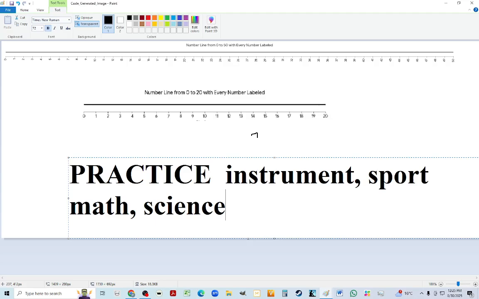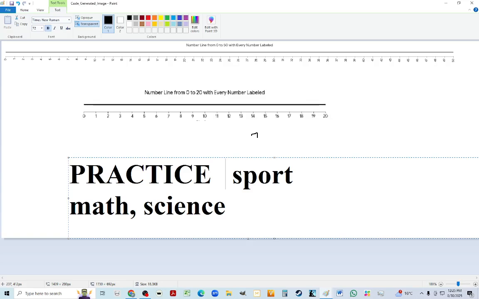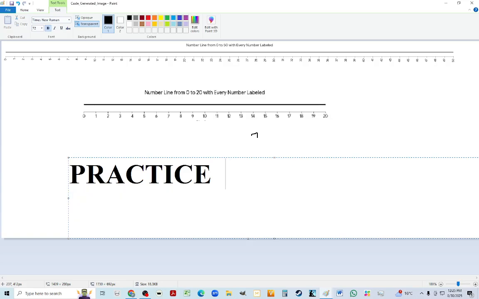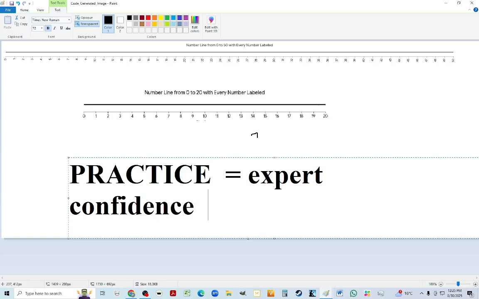Athletes, they go out and they practice for 6 hours every day. When they're kids, they practice even more. They don't stop. Same with instruments. People who really love an instrument, they play it all day long. I'm not saying do that. I'm saying practice will make you seem like an expert in something. When you become an expert, you will gain confidence. When you gain confidence, other subjects become easier.